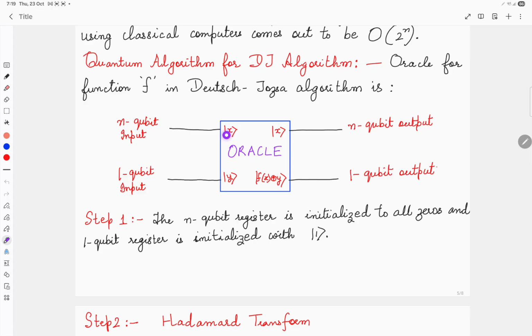In the Deutsch algorithm, the input was only a single qubit, but in the case of the Deutsch Jozsa algorithm, the input is n qubits, and there is a single ancilla qubit, and the outputs are similar. We will get the same input here, and we will get 1 qubit output, which is f(x) plus y.